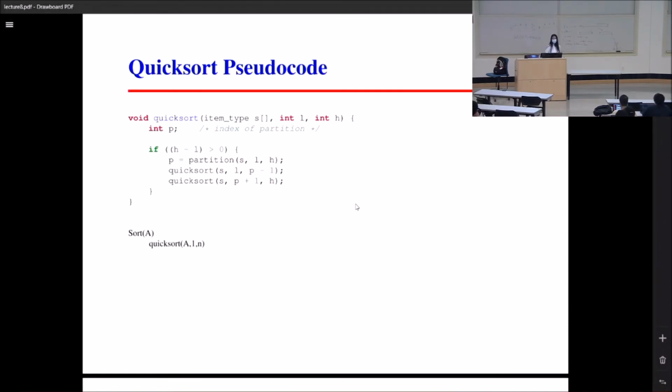And now we have two recursive calls again. The first one is from L, which at the first level will be 0, and now we have p equal to 4, so it will be 4 minus 1, which is 3. So we will have the first recursive call on 6, 8, 5, the part of the array on the left of the pivot point.